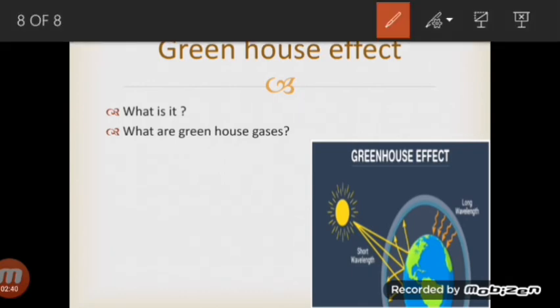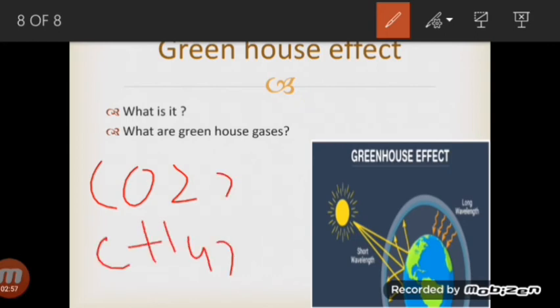What happens? Some of those rays get trapped by the gases which are called greenhouse gases. What are greenhouse gases? Carbon dioxide, methane, ozone, and many more. Gases that trap radiation are called greenhouse gases.